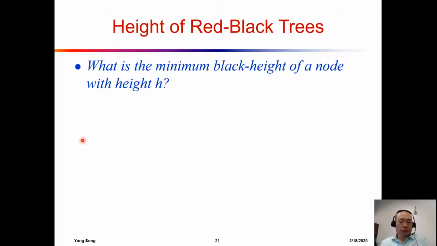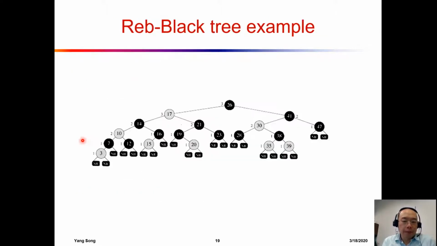So think about that. So if we come back to here, from the 21 down to any of the possible leaf, we will see the black height. If we count 21, the black height is a 3. Or if we want to exclude the 21, then the black height will be a 2, right?